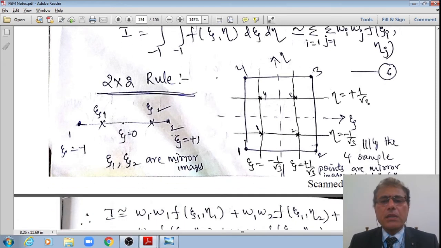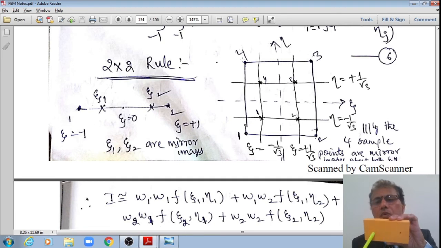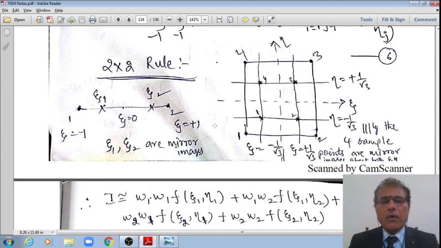Now we'll use the 2 by 2 rule, students, right? Wherein I'll take that 1 2 3 4 noded quadrilateral, and within this I'll take the sampling points 1 2 3 4. Then let us say I'm taking the xi direction, students.